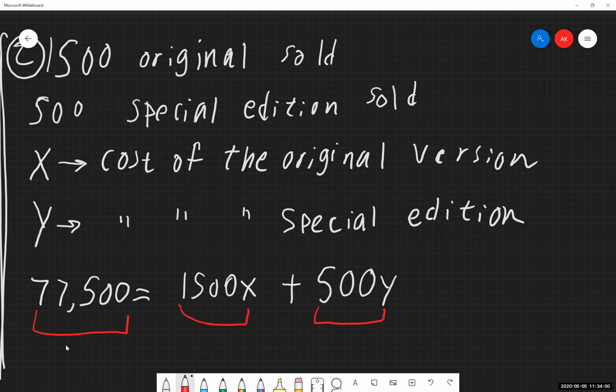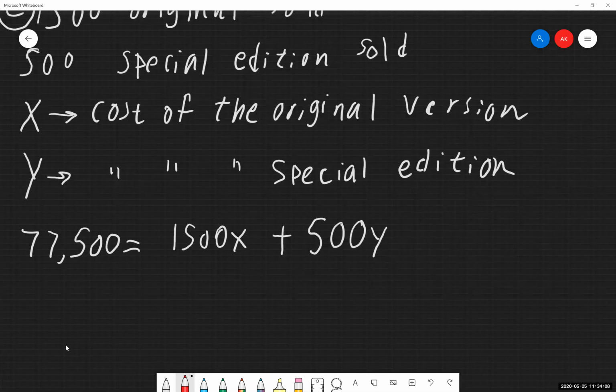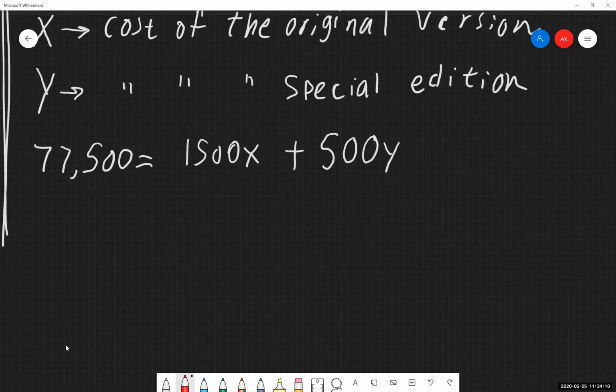What's great about this is we have an overall equation that tells us the cost, based on the total income being added together between those two, which is great. However, we are currently running into the issue that I have two variables on the right-hand side. And it's impossible for me to solve this equation as it currently stands with two completely different variables.